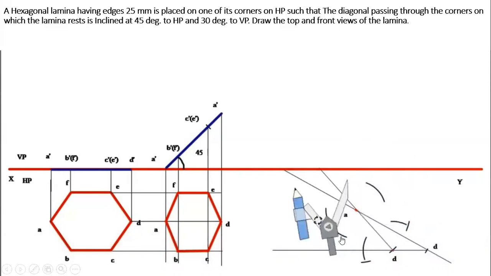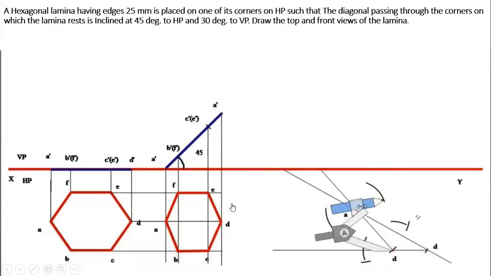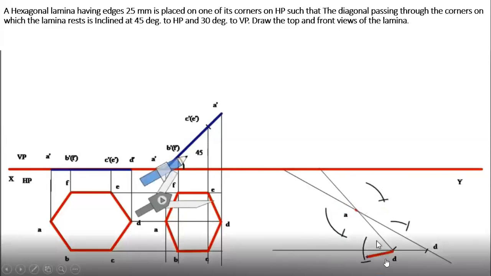Similarly, from point D, cut two arcs D to B and D to F. Now using visible line, connect all the points to construct the hexagon from the third position.